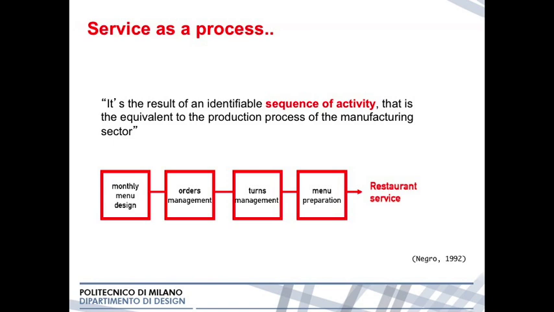In order to be able to access food in a restaurant, there is a kitchen that maybe has a monthly menu design, and then they have to have orders management, turns management with the personnel, and of course daily menu preparation activities, there is the cleaning, and so on. So in order to deliver a service like a restaurant, there are certain kinds of activities and operations that need to be developed.